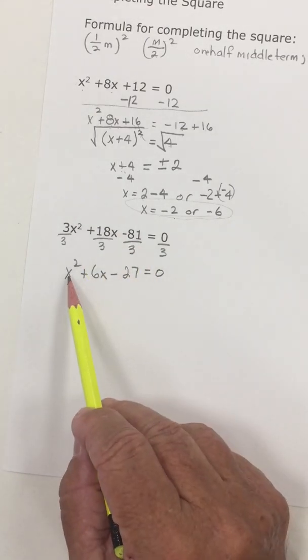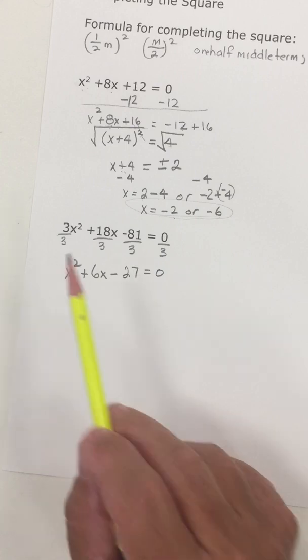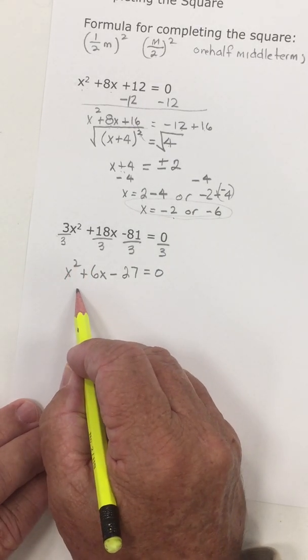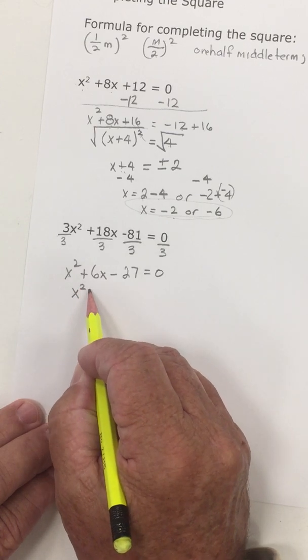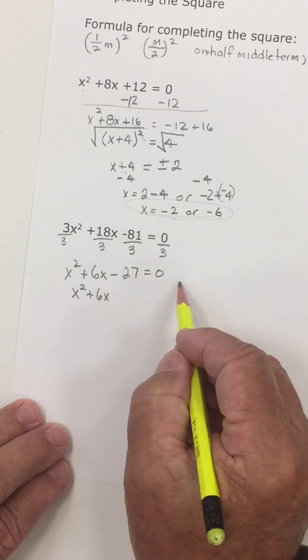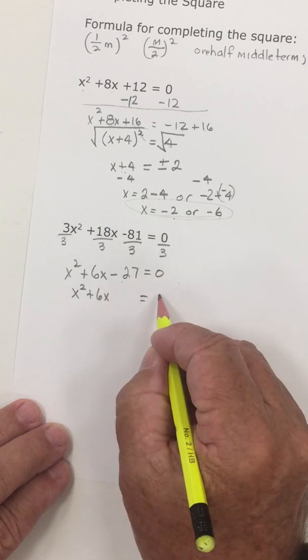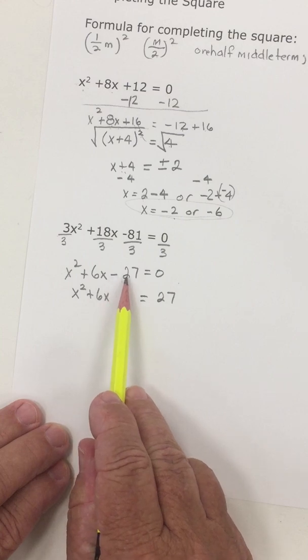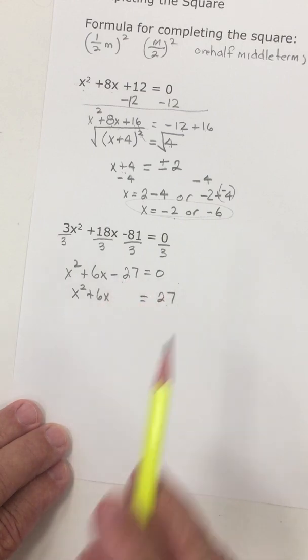All right. So everything's on that side. Good. What about x having a coefficient of 1? Yep, we're ready to go. So step 1, x squared plus 6x. We're going to add 27 to both sides, so that's going to equal 27. Notice I just added 27 here and 27 there to get that.